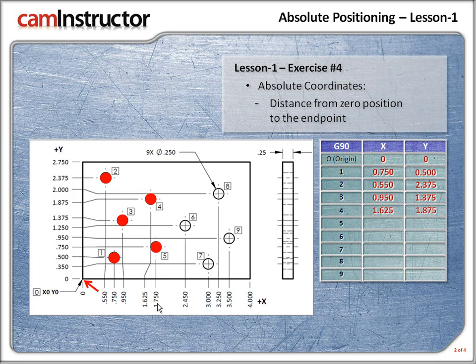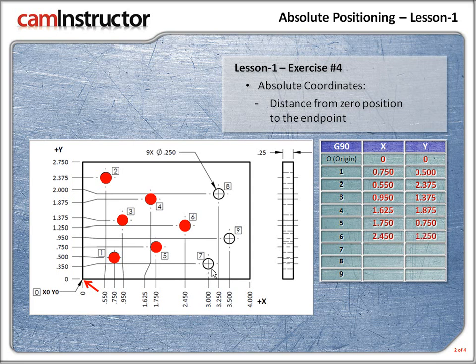So for the X value we have 1.75, and for the Y 0.75. Next up is hole number 6. And what's the absolute X for hole number 6? 2.450. And for the Y, if I just move over to the left, 1.250.